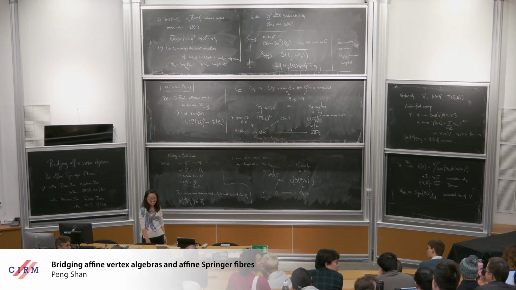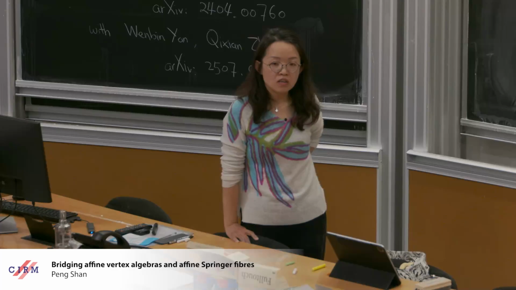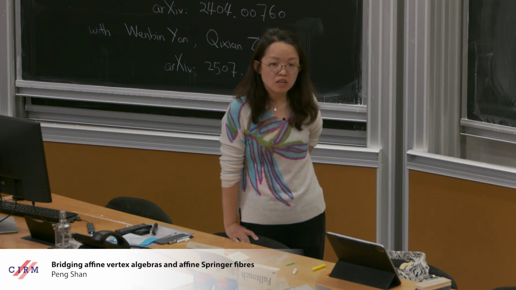Yeah. And maybe a more minor question. You were considering this two-sided cell corresponding to the longest element in some stabilizer. Yes. If it's a Coxeter subgroup generated by simple reflections, I guess this is just the Richardson element for a parabolic. But your construction is more general. Yes.